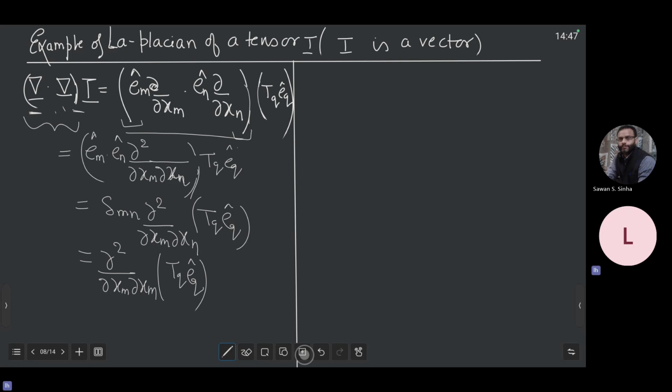And then this is going to become del square TQ del XM del XM EQ.